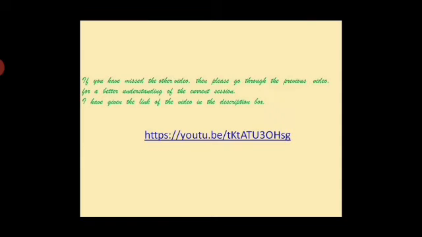If you have missed the other video, then please go through the previous video for a better understanding of the current session. I have given the link of the video in the description box.